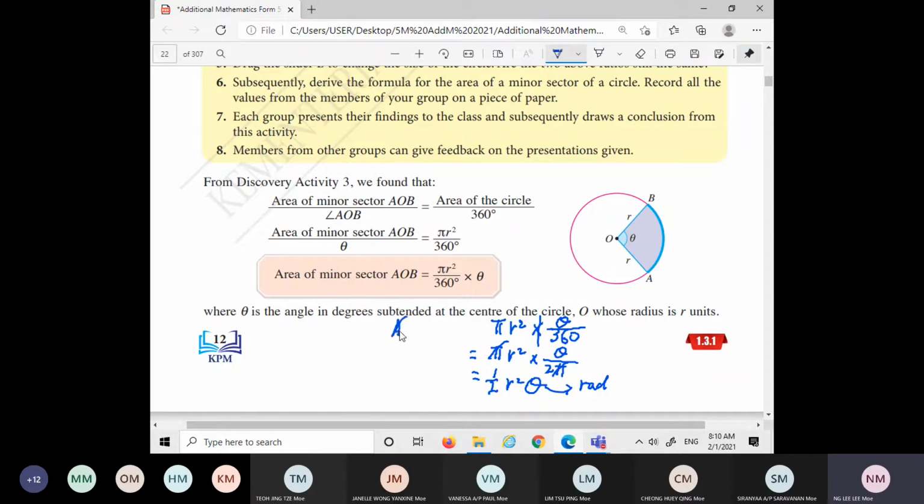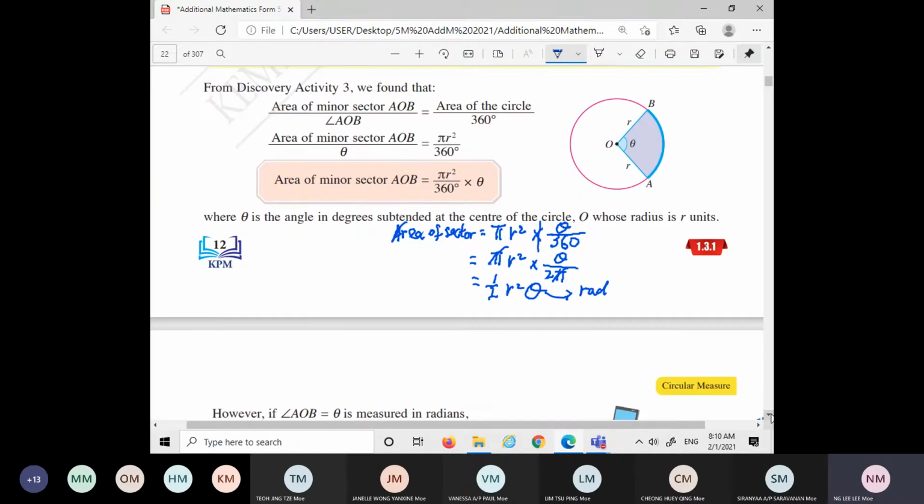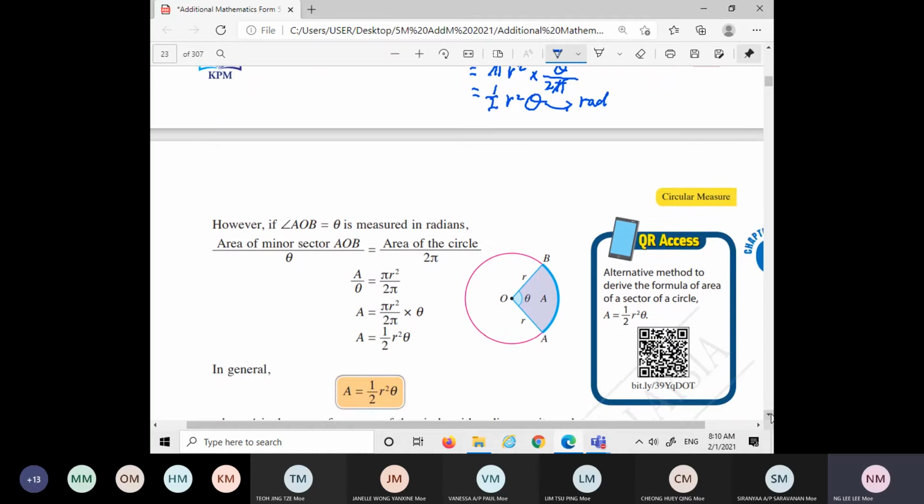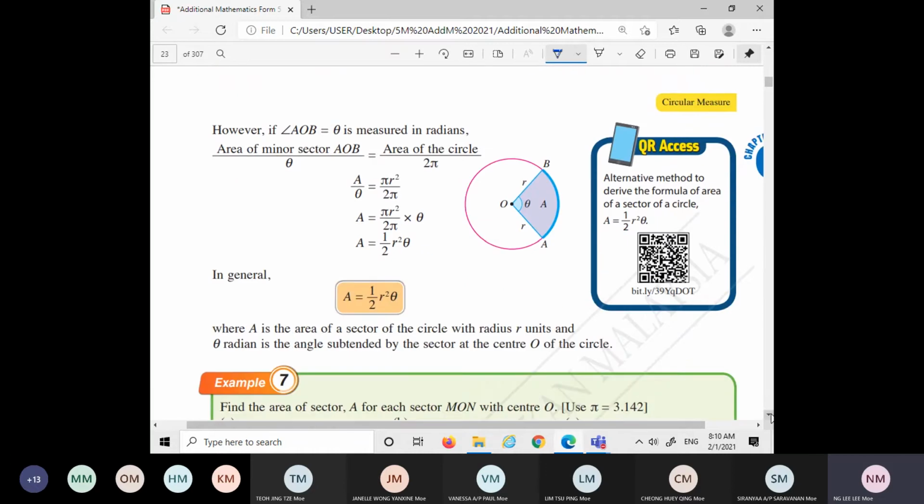I write here, area of sector. So from the lower form what we learned, you just change the degree into radian form, then your formula changes into radian form. So this is the formula.